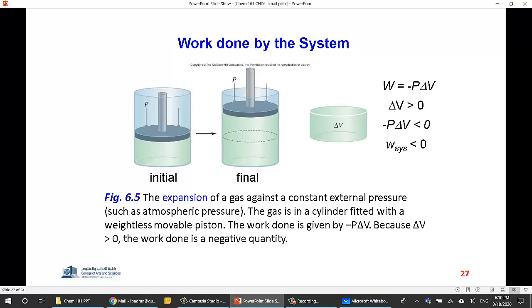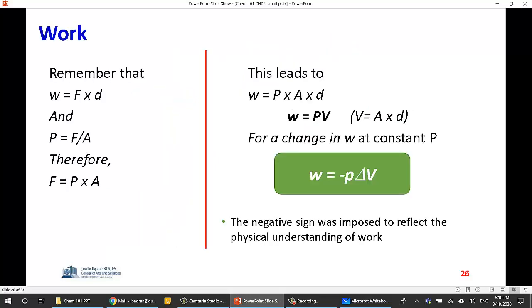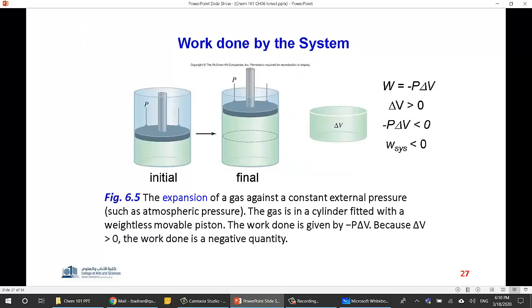The work will equal minus P delta V. It's the same equation. The equation does not change. This formula, work is equal to minus P delta V, does not change. But in the second case, which is the compression, delta V is negative, and therefore the work will be positive. So for a compression, work is positive because we are doing work on the system.